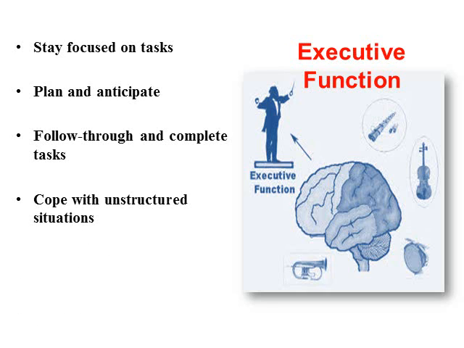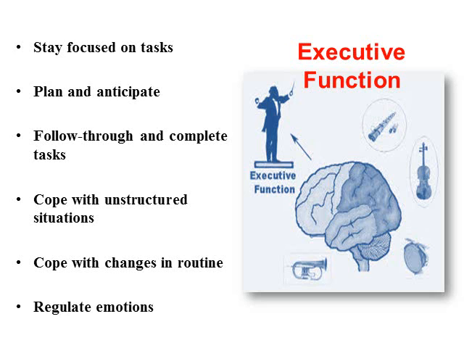It hinders their ability to cope with unstructured situations, to cope with changes in routine, and causes difficulty in regulating emotions. And so it's because of these deficits in executive function that we want to use a visual schedule to help overcome some of these.